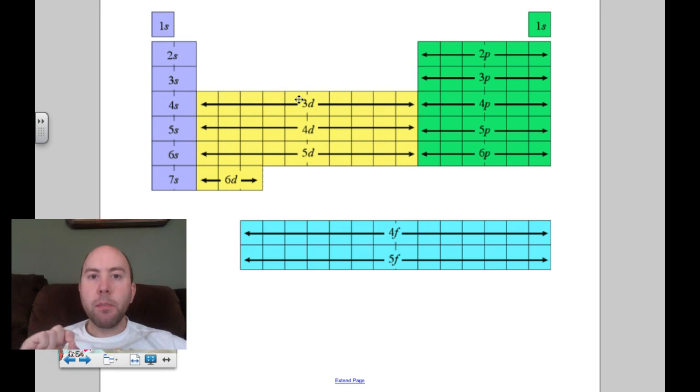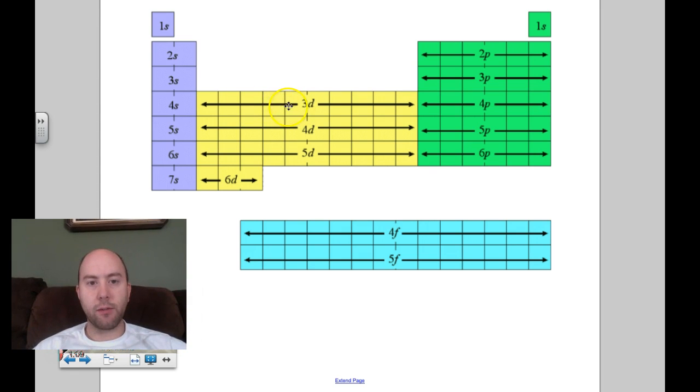Here's the most important thing about the D's. Even though they start in the 4th period, see 1, 2, 3, 4, you always write them one level, I guess you technically would say higher, because even though this is the 4th period, we pretend it's the 3rd period. So another way to say it is just whatever period they're in, subtract 1 from that period number.